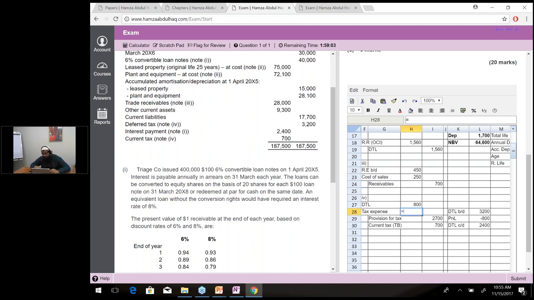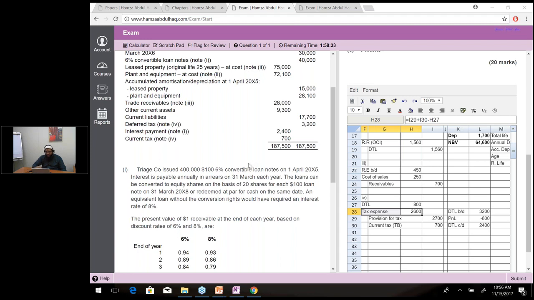So I have to reapply the formula. 2700 plus 700 minus 800. So the total expense to be shown in the income statement is actually 2600. So this is how we have solved the adjustment number 4.